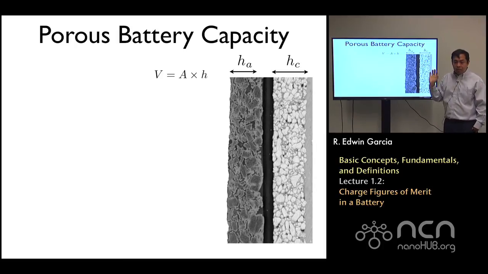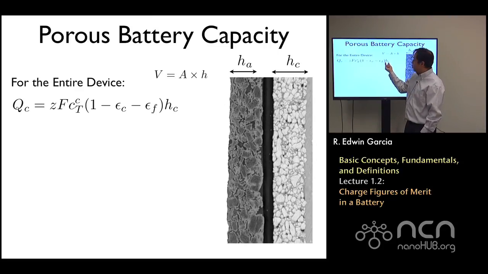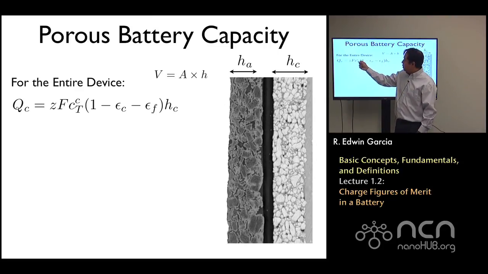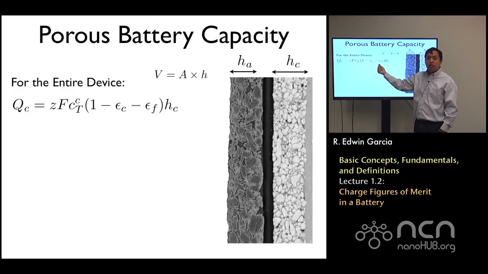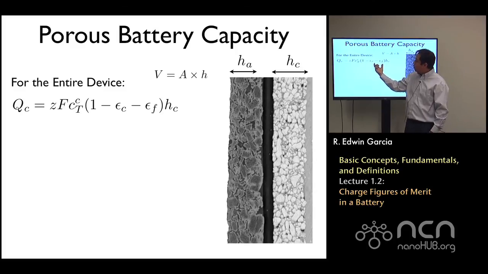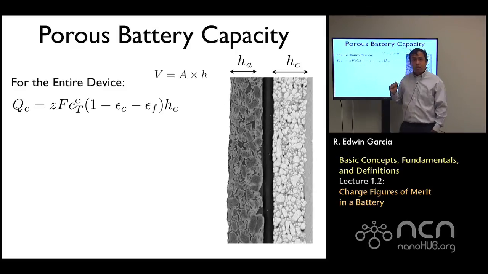So what we had before, now instead of having a volume, we're referring to the thickness, and instead of having just a number of 1, we have to subtract the porosity associated with the cathode material and the porosity associated with the fillers and any other conductive additives that you may have in it. And this number will decrease the charge of the system by that amount.